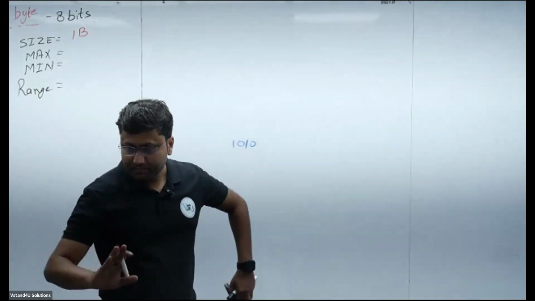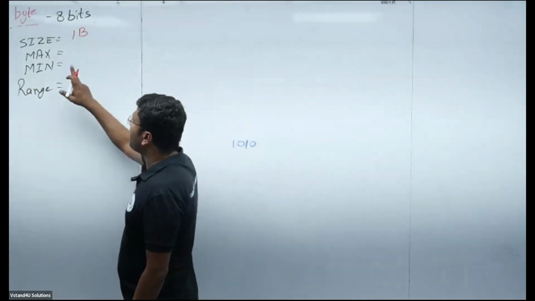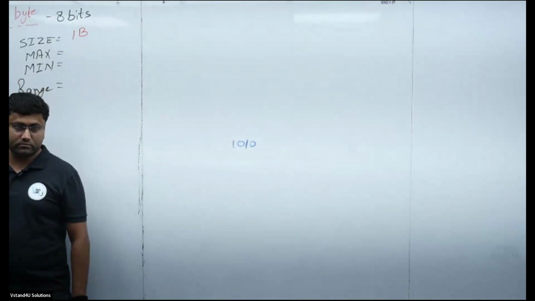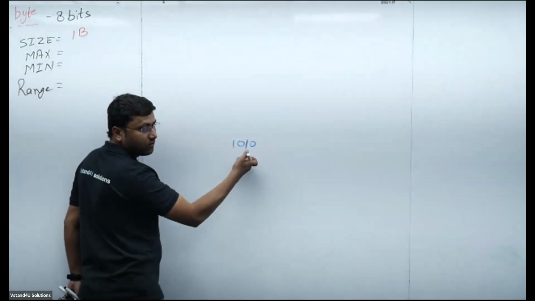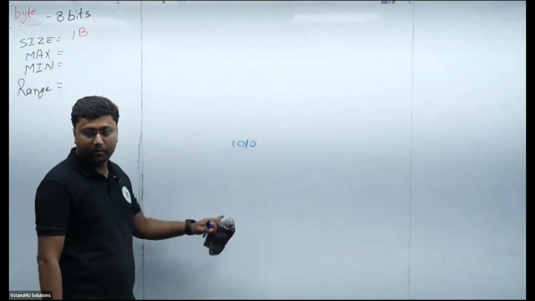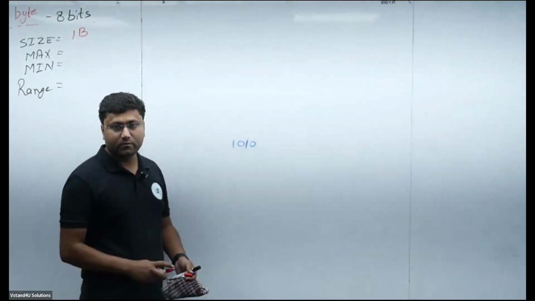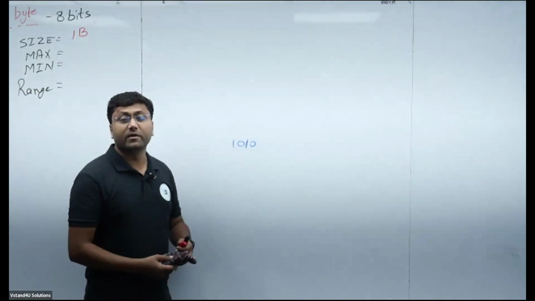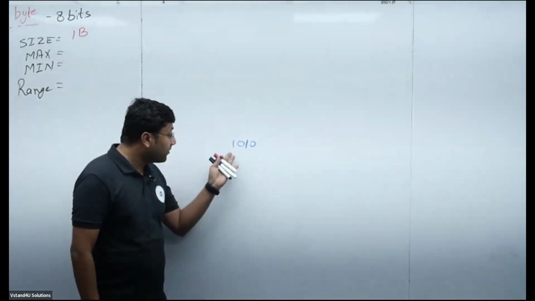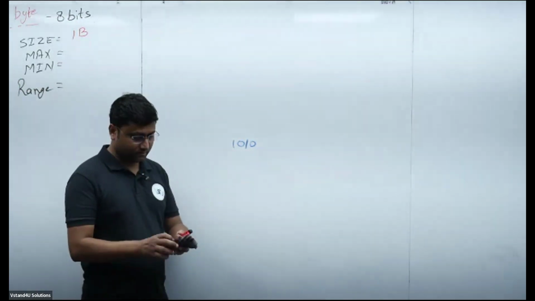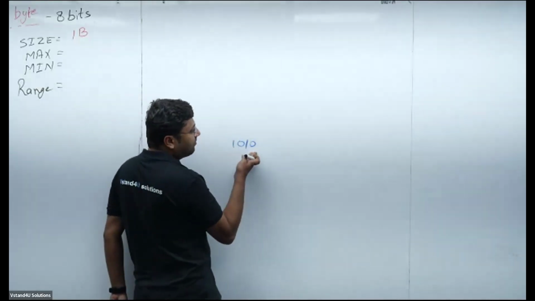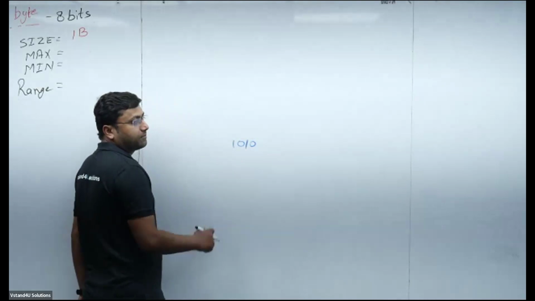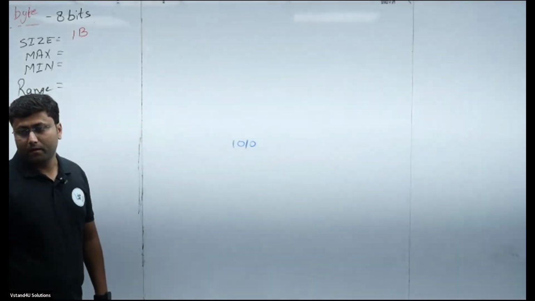Agree? Sir, maximum number allowed, 8 bits are there in total. How many bits are these? 4 are there. What is the maximum number that can be formed with 4 bits? How much?